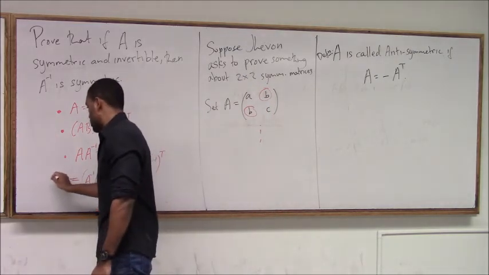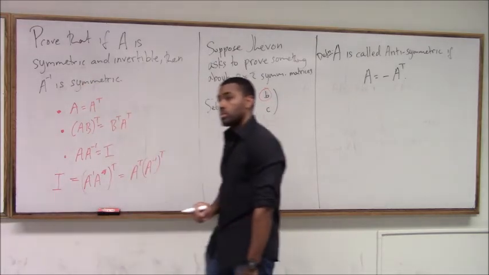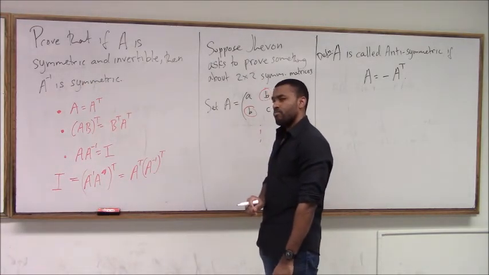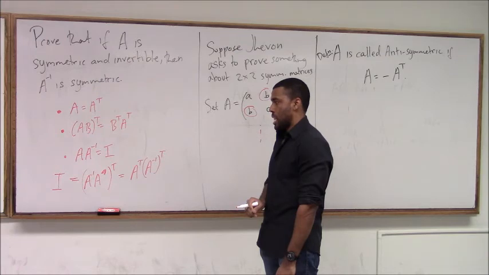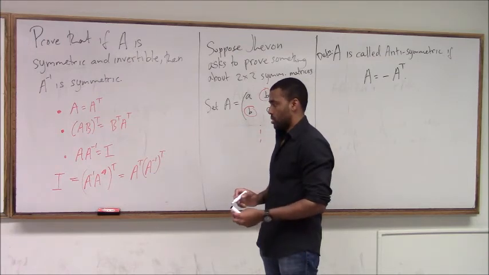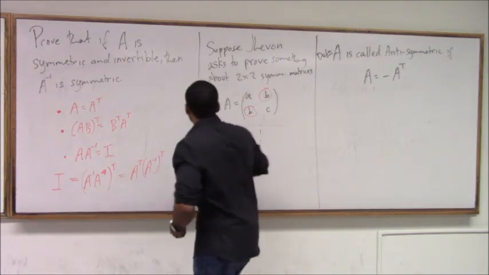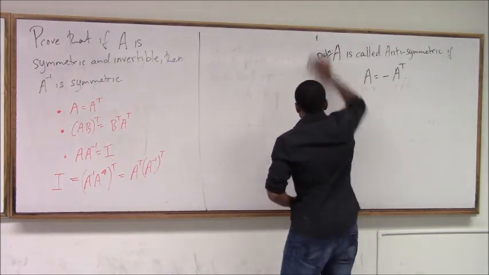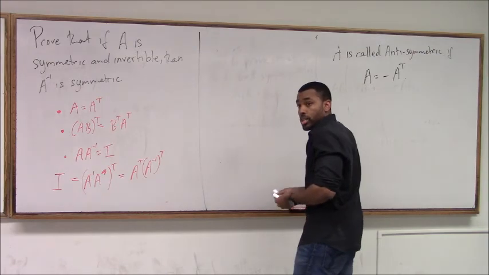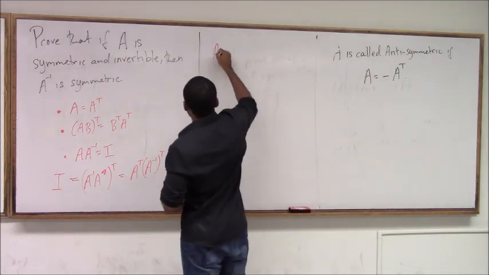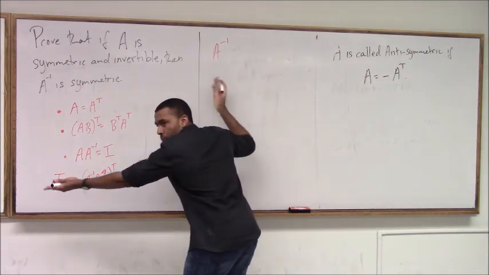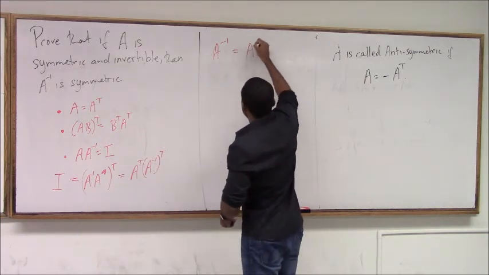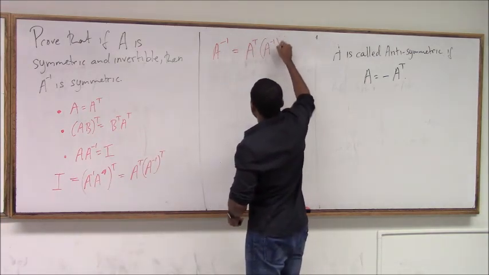And if we were then to multiply that equation on the left side by A inverse, you could say A inverse times the identity, which is just A inverse, is equal to A inverse times A transpose, A inverse transpose.